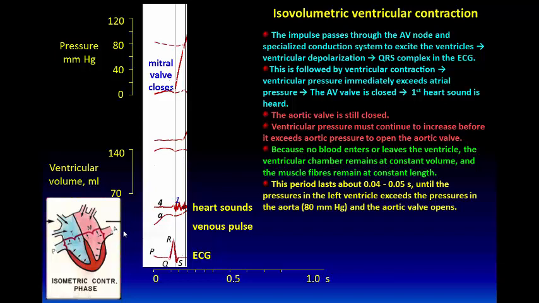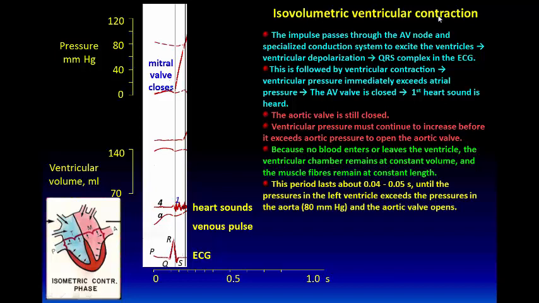Because no blood enters or leaves the left ventricle during the isometric ventricular contraction phase, the left ventricular chamber remains at a constant volume, which is the 135 milliliters of blood, and the muscle fibers remain at constant length, but they continue to contract, and it is because of that this phase of systole is known as the isovolumetric or the isometric ventricular contraction.